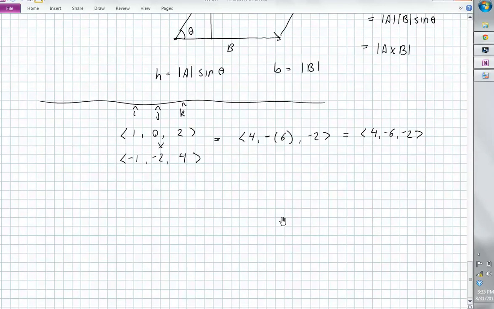Okay, let's play around with IJK here in the waning minutes.